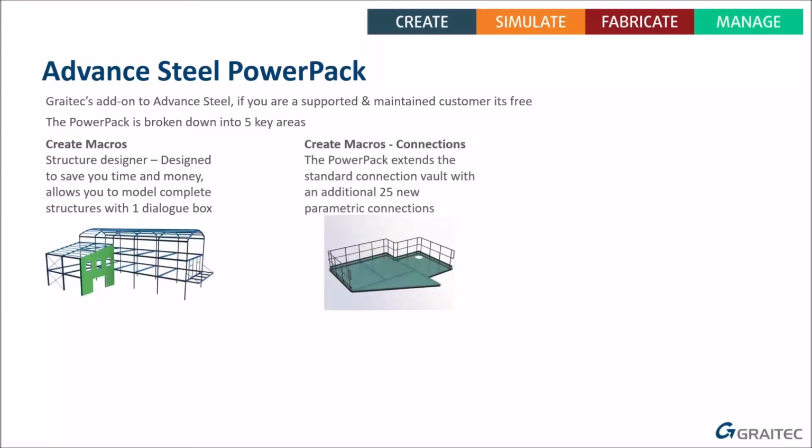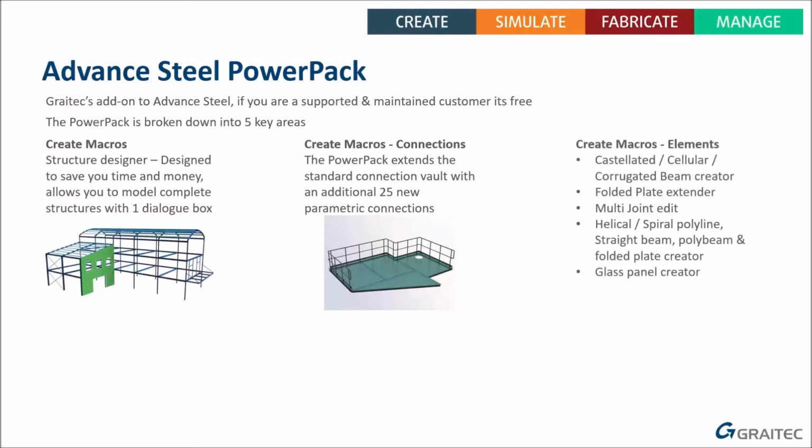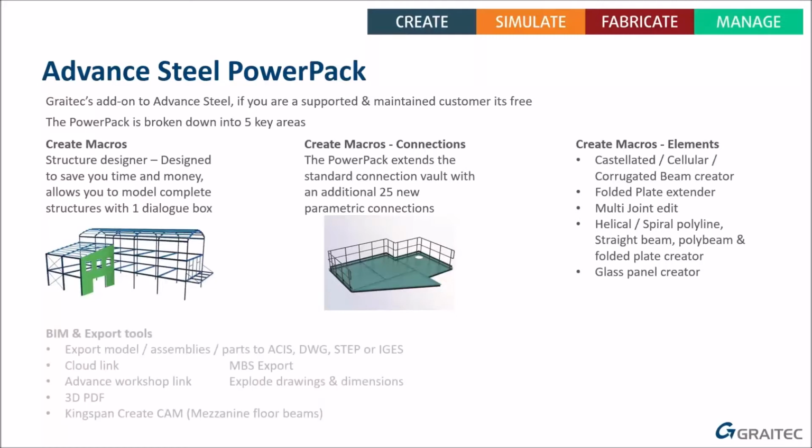We then have our own connection vault. So we've got 25 extra connections in there. We then have our own create macros. So we can do castellated or cellular beams. We've got folded plate extenders. Some tools for creating helical or spiral polylines and beams.